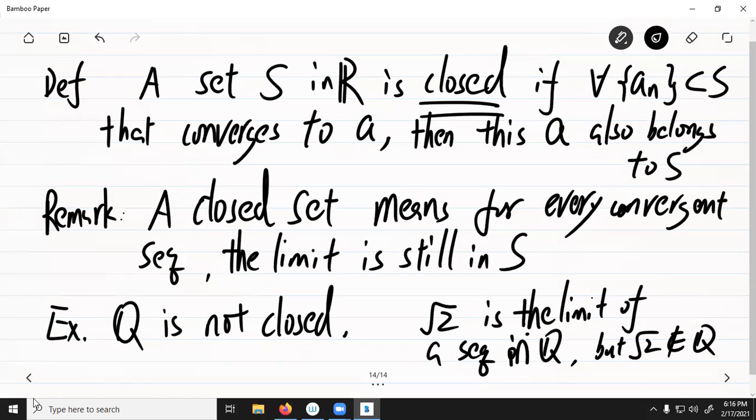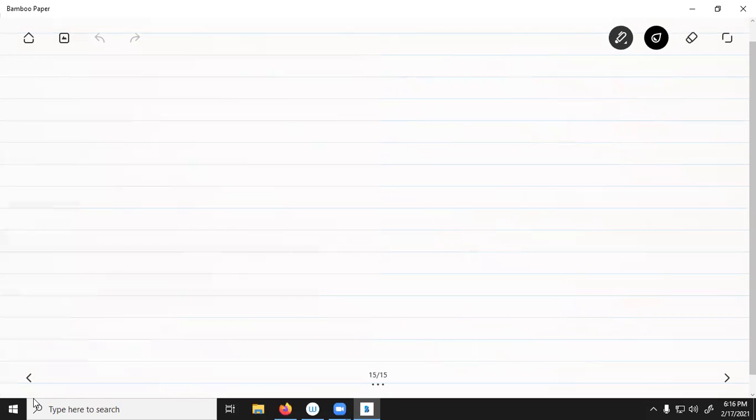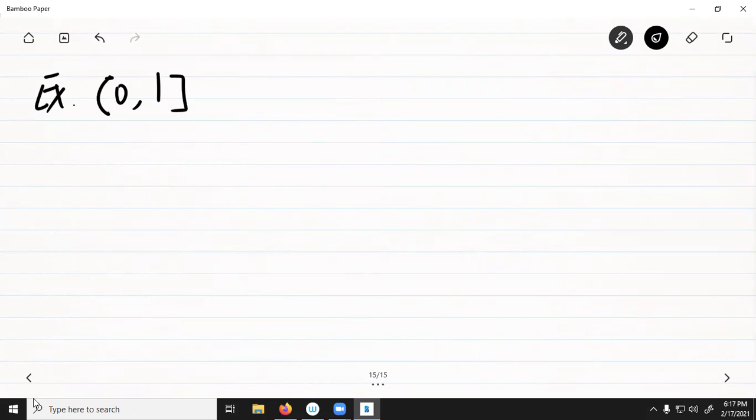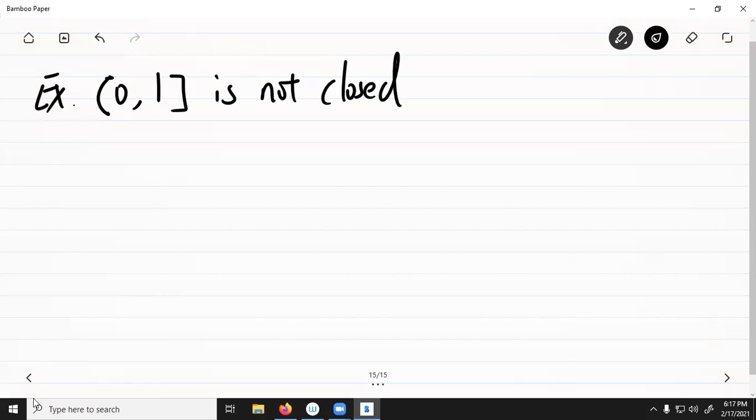Last example. Is this one closed? It's not closed. Why? Can you give me an example? Can you give me a sequence in the set such that the limit is outside the set?